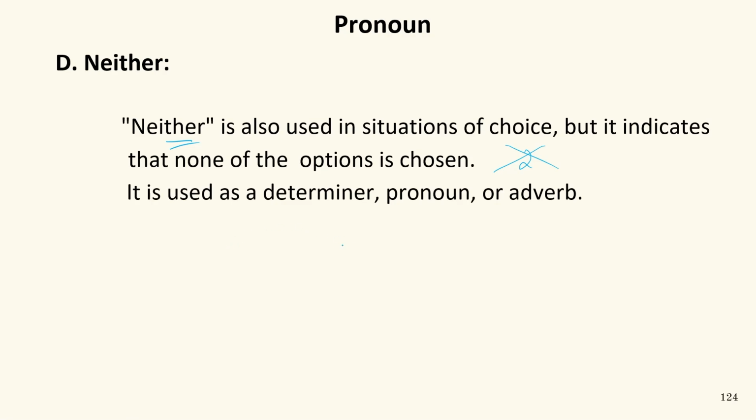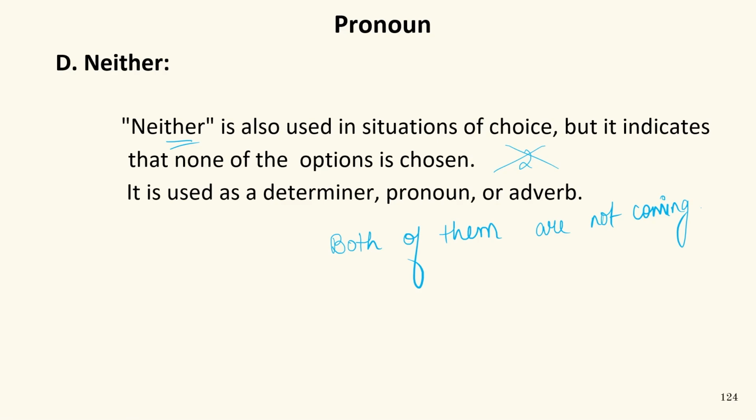Now, sometimes we write the sentence like this: both of them are not coming. Many times we speak or write these kinds of sentences. We use the word not with the word both. Now, if the sentence is given both of them are not coming, it means that we have two people and both of them are not coming.